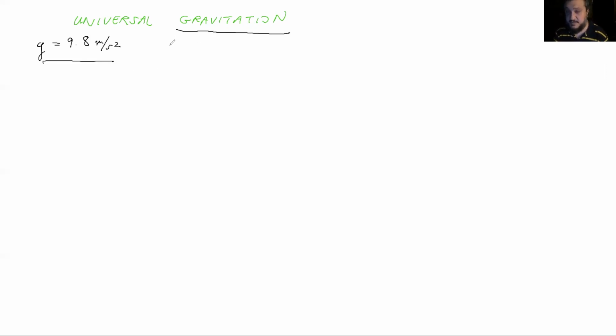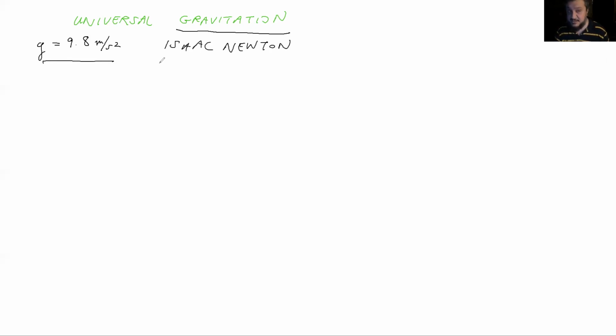This is due to Isaac Newton from the 1600s. Okay, it's not a new theory, but it works so well, you can go to the moon with it without any problem. This is the first successful theory of gravity.